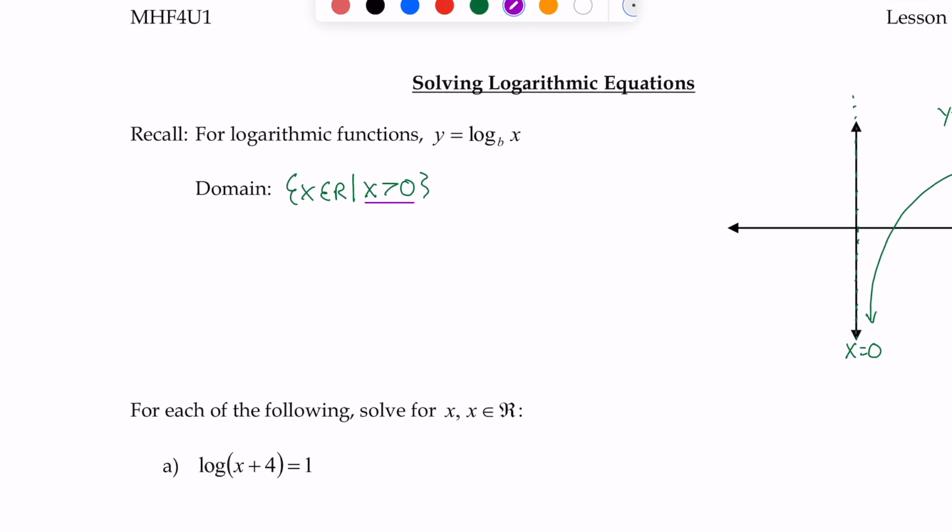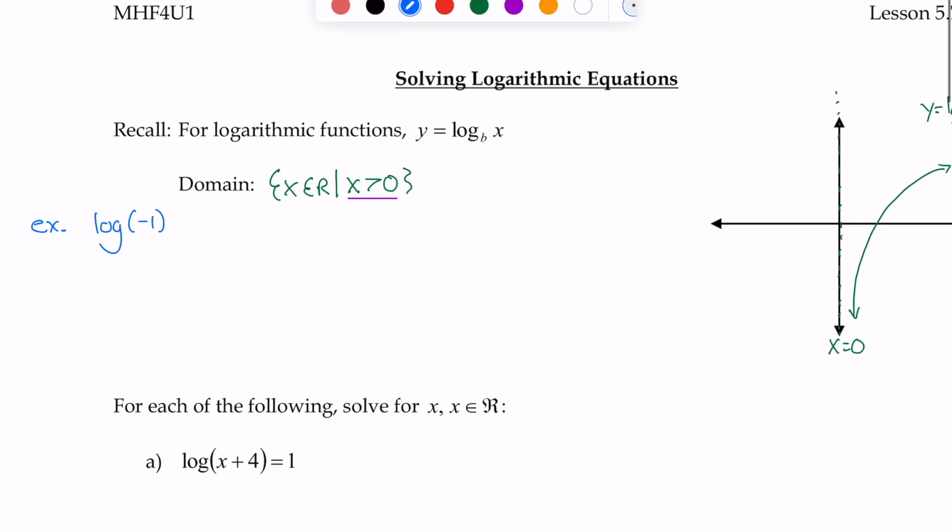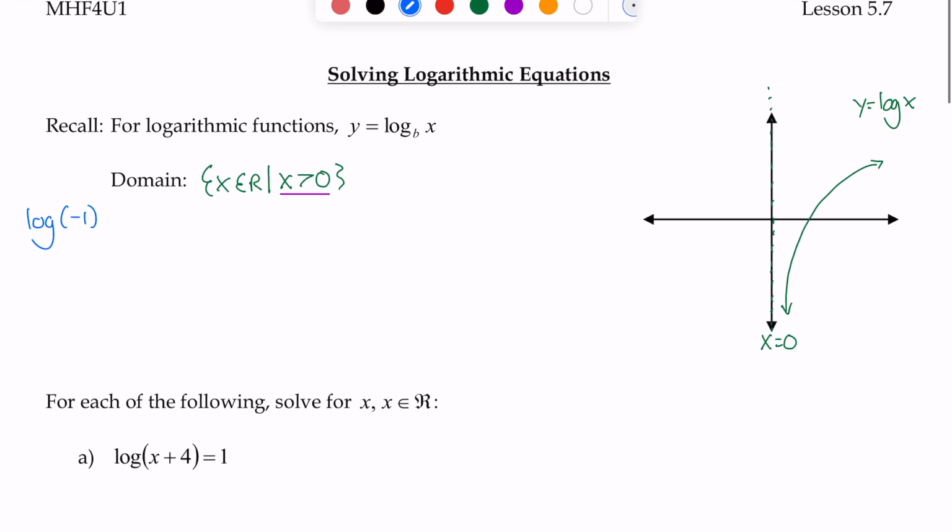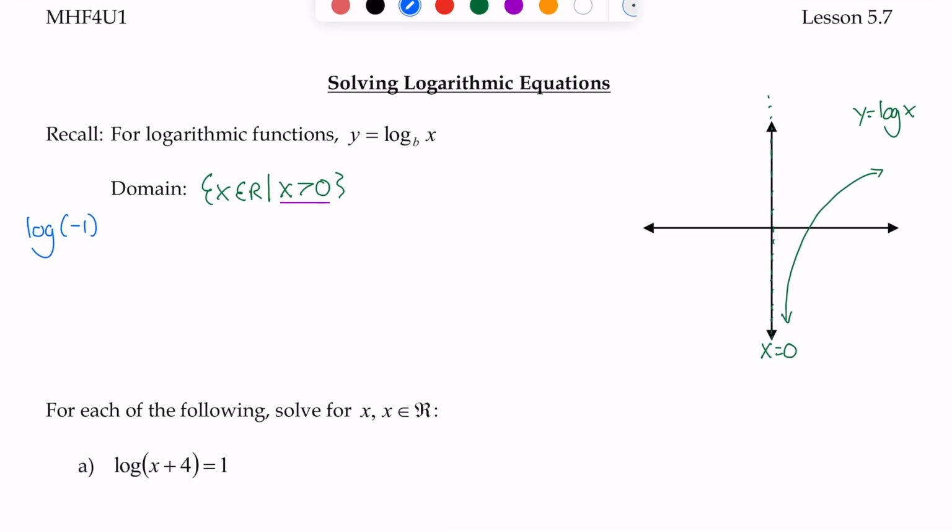When you say x needs to be bigger than 0, what that means is that I cannot take any negative number. So I cannot take the log of some negative number, -1 being an example. When x has to be bigger than 0, it means that I have no negative x coordinates.